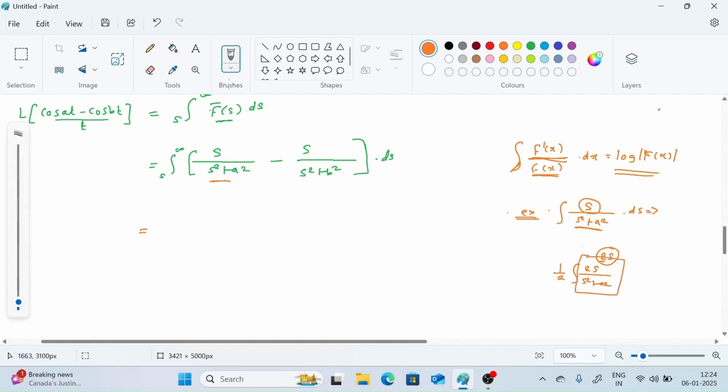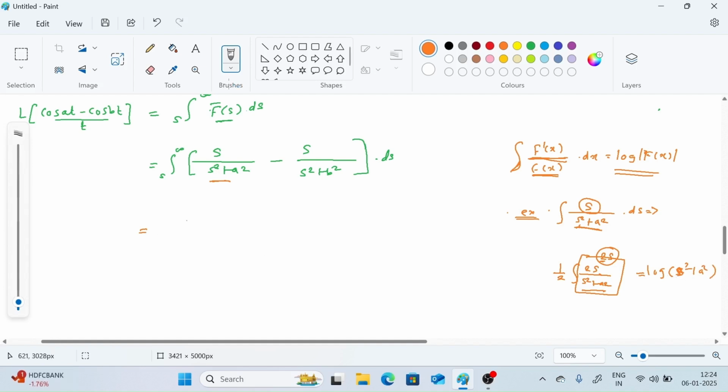So now if you see, f of x is s square plus a square, and f dash of x, if I differentiate this s square plus a square, I will get 2s. So in this case, I can write directly log of s square plus a square.